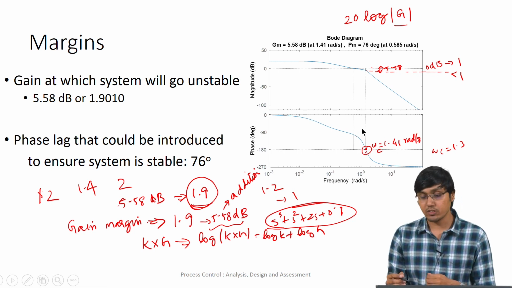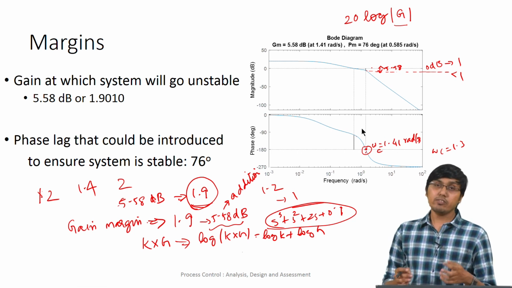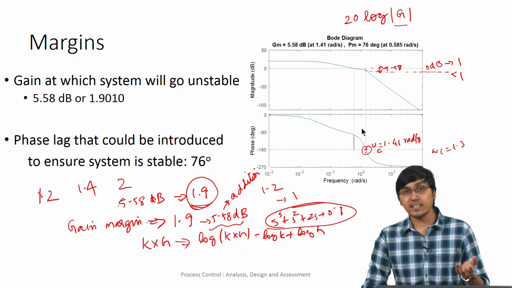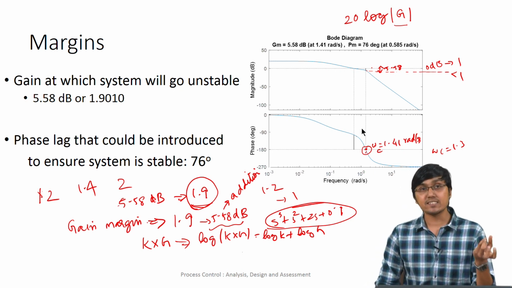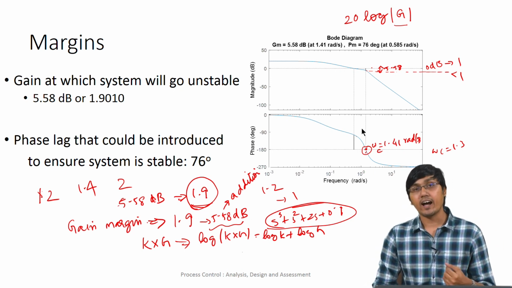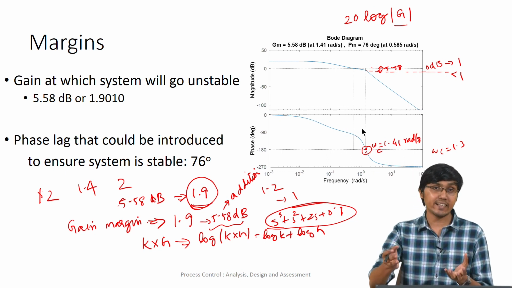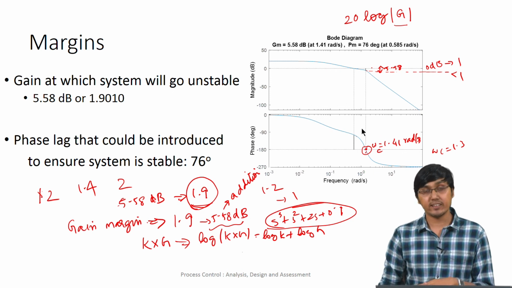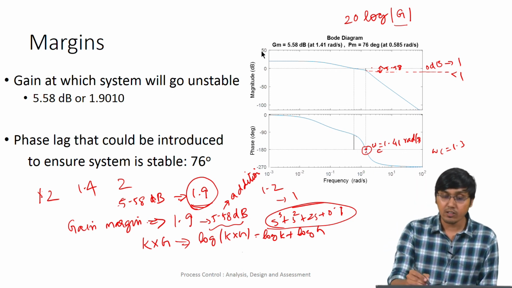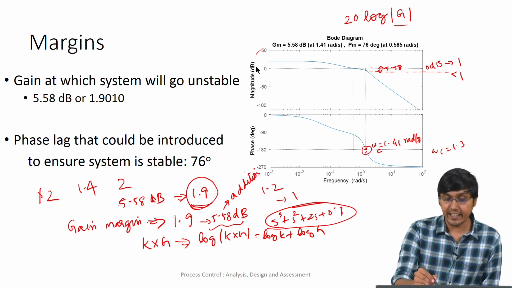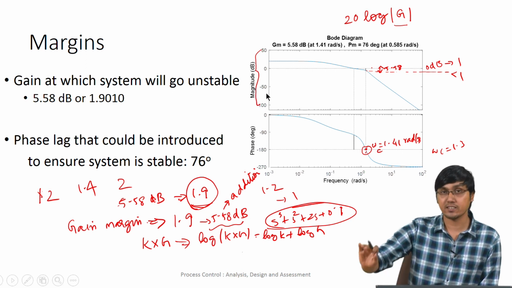Okay, so now we ask the question: what is the phase difference I have to add, what is the extra phase lag that I have to introduce, so that the system will go unstable? So now, forgetting about the gain, let us say the gain is correct, the gain plot is fixed.